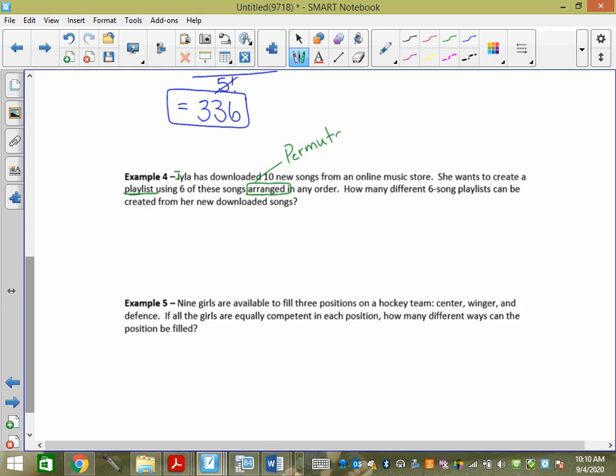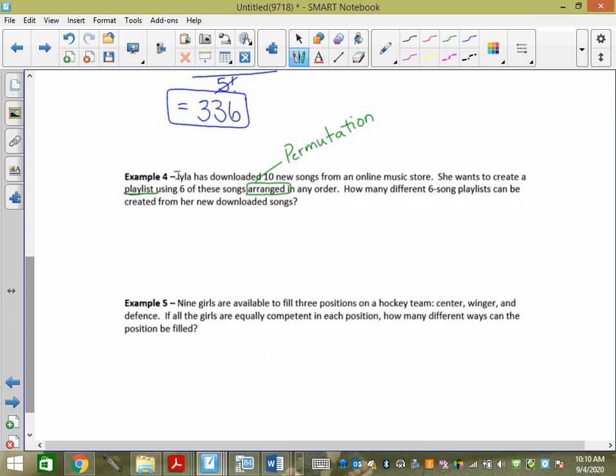Because order matters. So she's arranging these in any order, which means it doesn't have to start with one specific song, right? They can start with whatever songs, but she's still arranging them in any order. How many different 6-song playlists can be created from her new downloaded songs?